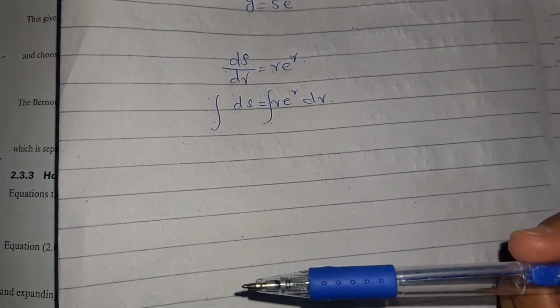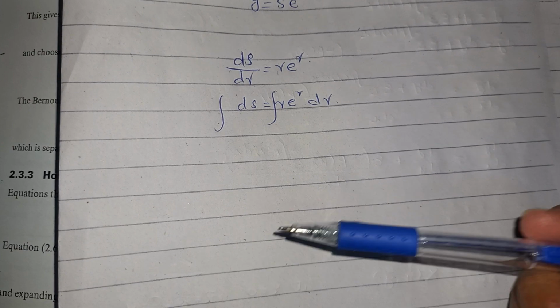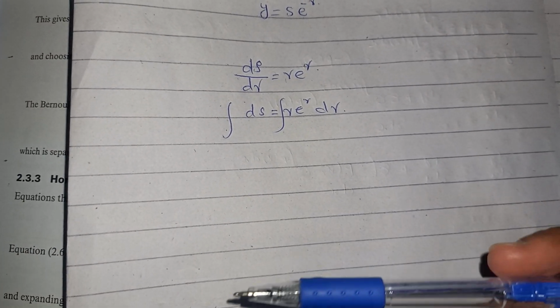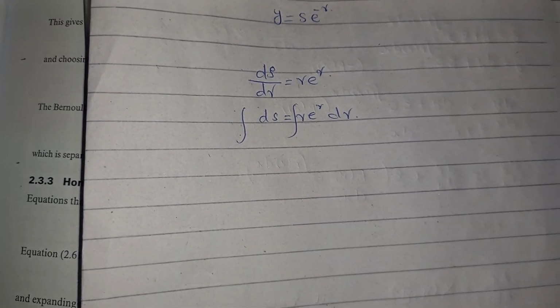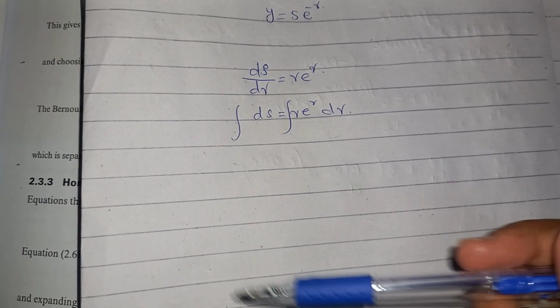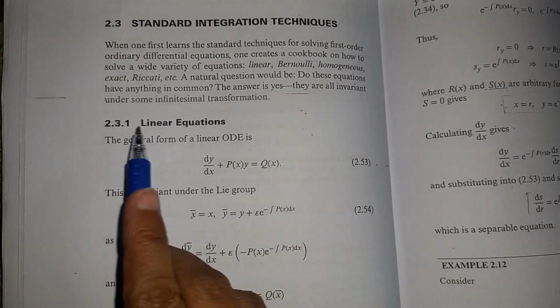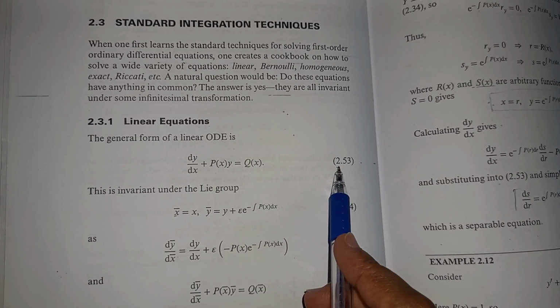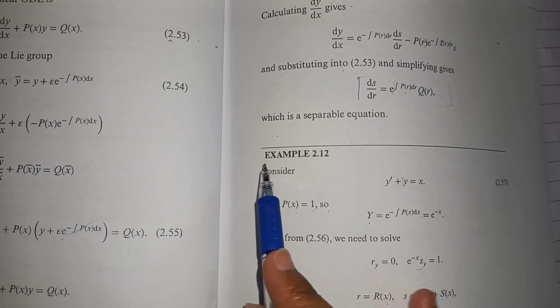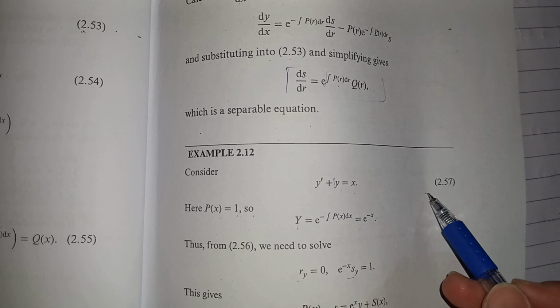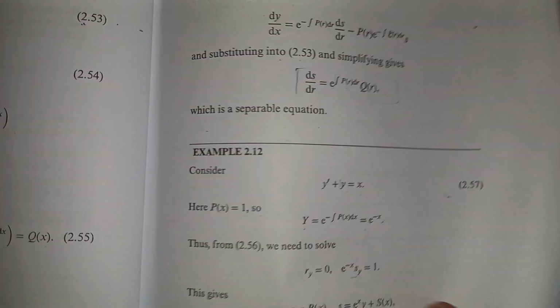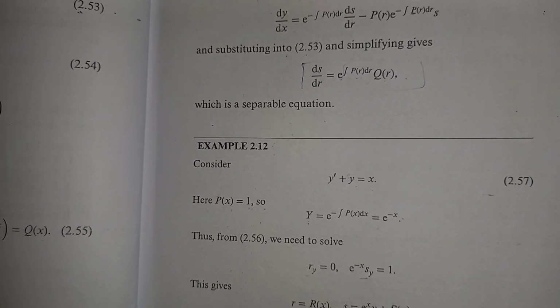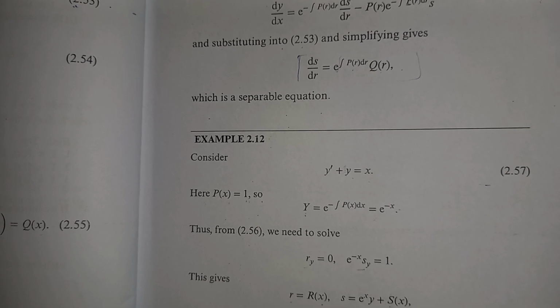And after that, if you want to convert it in terms of x and y, then you can just replace the values of r and s, and you will get your answer. And that will be a solution of your linear equation that is given in 2.53, or more precisely we can say in 2.57.